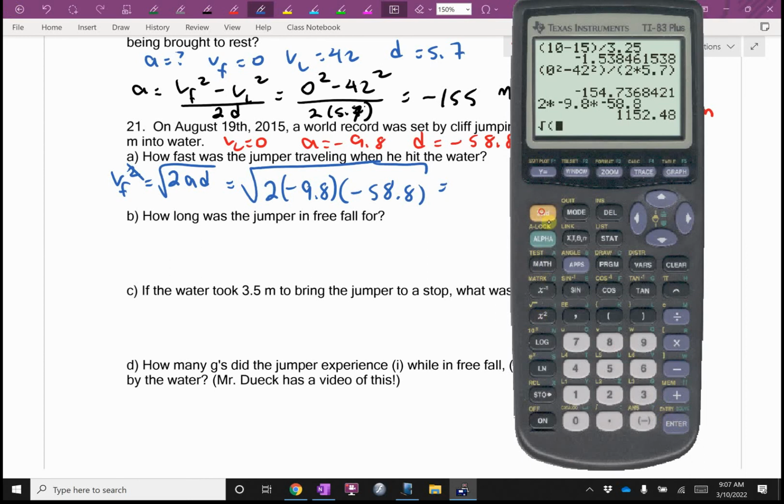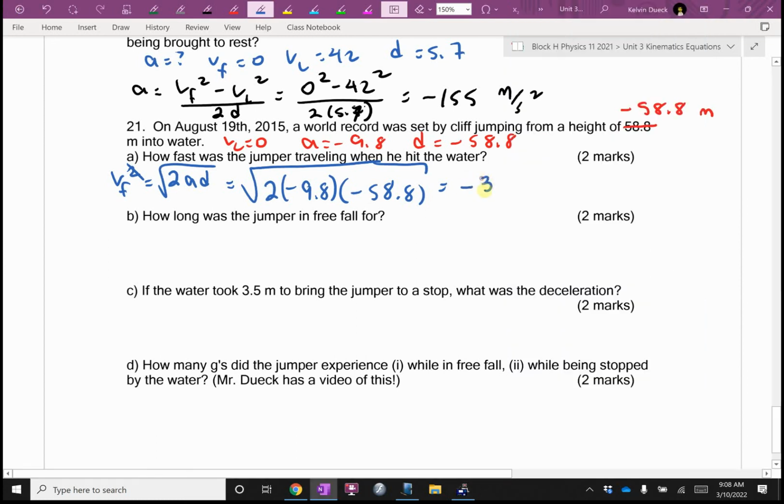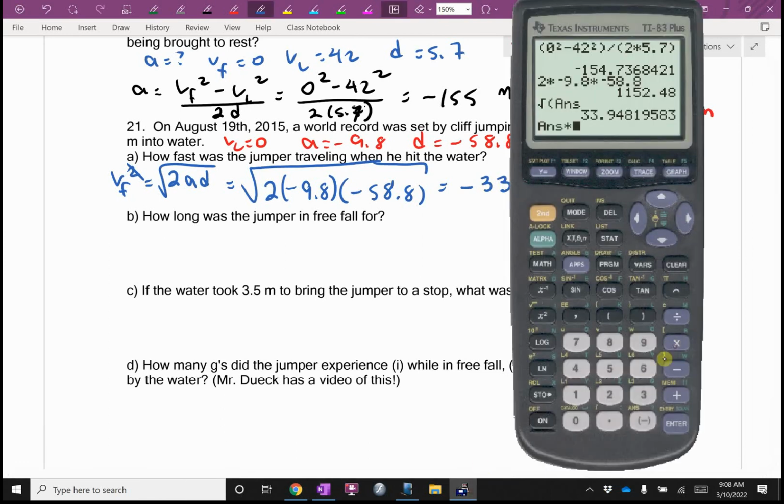Square root, answer button. Why is 33.9 wrong? This is again that unique situation where I have to add the negative on my own afterwards. It's going down. So negative 33.9 meters per second, which is pretty fast. Times by 3.6. 122 kilometers per hour is what he's hitting the water at.